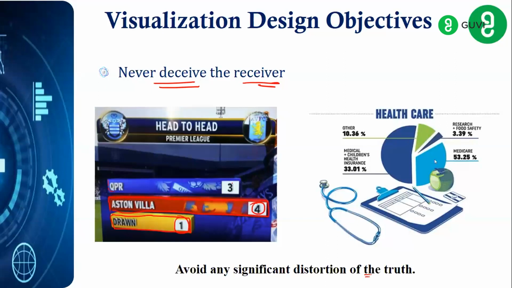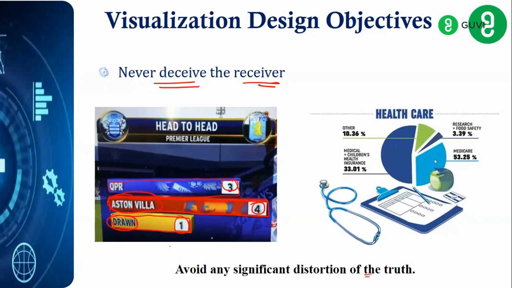And for QPR, in order to represent three, they have used this kind of bar, right? So what they are trying to do here is, based on the label given, that is Drawn or Aston Villa or QPR, they are trying to create the bar.